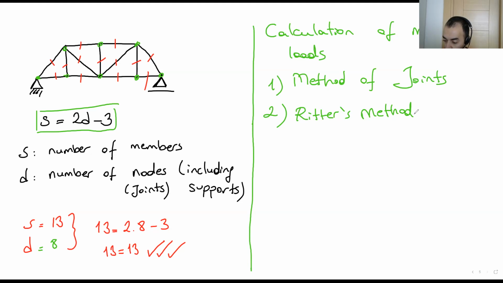I'm just trying to find an example here. Or method of sections. Let me write. I forgot it. Method of sections. Okay. We are going to do an example firstly on the method of joints.